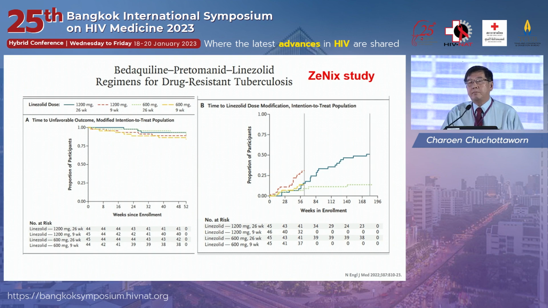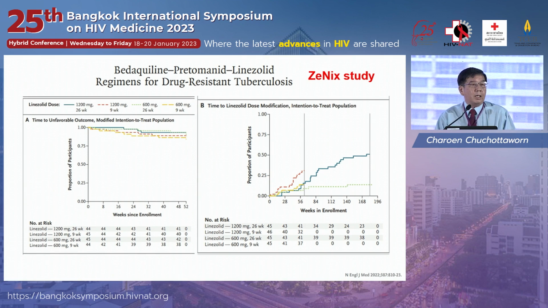Another point of the study is the dosage of bedaquiline. The recommended dose from the company, Johnson & Johnson, is 400 milligrams per day for 2 weeks, and 200 milligrams 3 times a week for another 24 weeks.